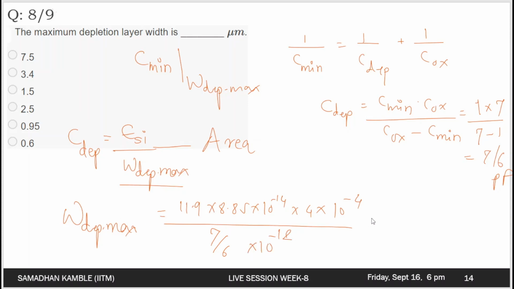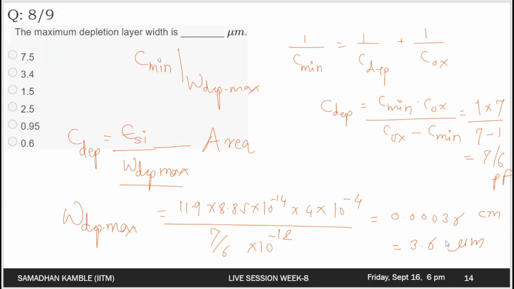So if you just calculate this, we'll get the value of maximum depletion layer width as around 0.00036 centimeter. So in micrometer they have asked us, so it is nothing but 3.6 micron.